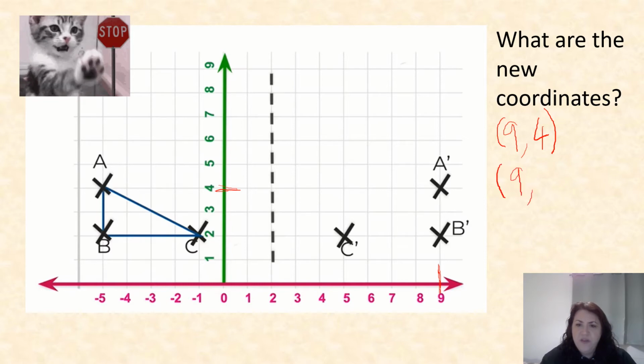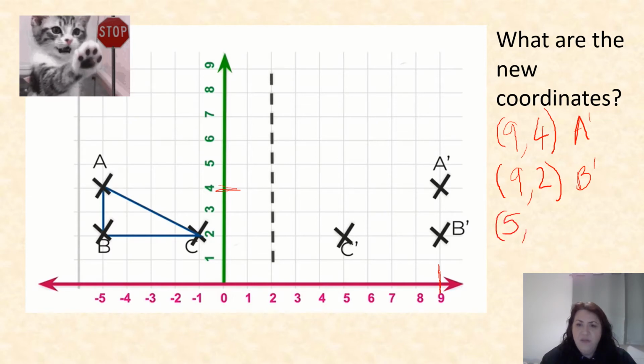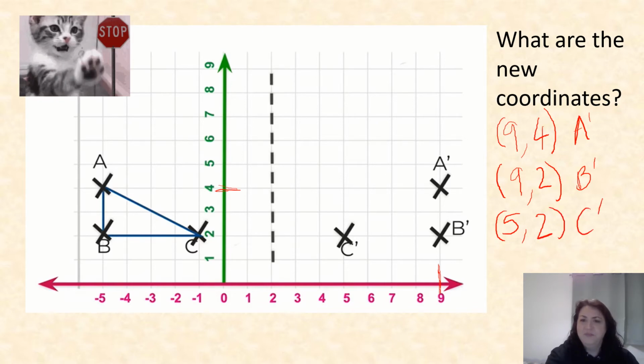Can you follow that out to 2? I should label these, shouldn't I? A dash, B dash, and then C dash is up 5, and then the same as B on the y-axis, which is 2. So that's C dash. Well done if you got those.